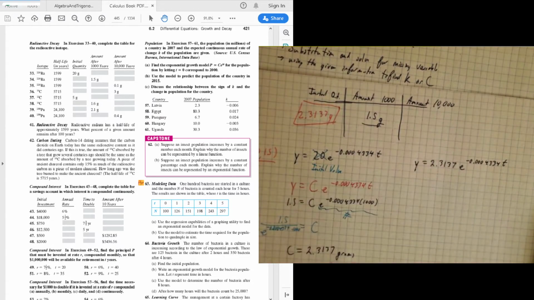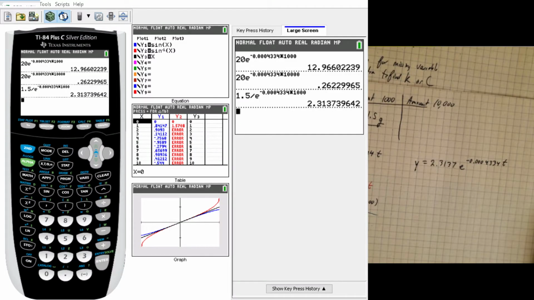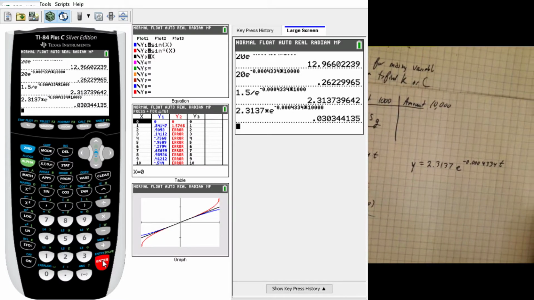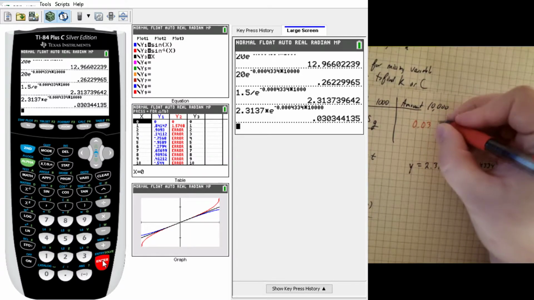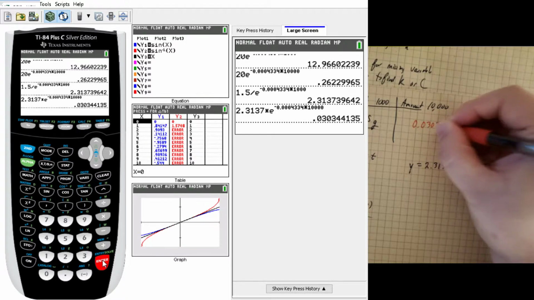My amount after 10,000 years, I can go back to my calculator, use my new formula, and do 2.3137 times e to the negative 0.00043334 times 10,000 this time. Boom. So after 10,000 years, I should have 0.0303 grams.